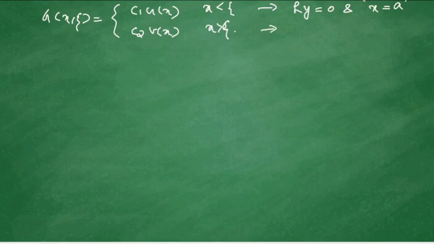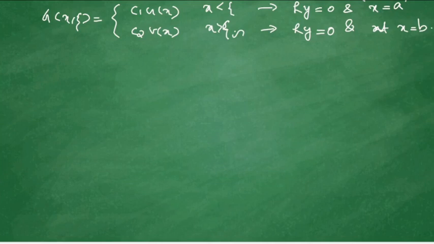For g2, we can see that it also satisfies the homogeneous equation Ly equal to 0 when x is greater than theta, and it satisfies the homogeneous condition at x equal to b. So conditions 1 and 2 are satisfied.